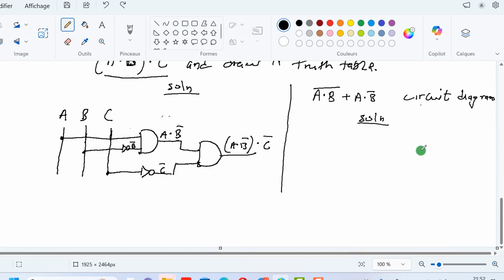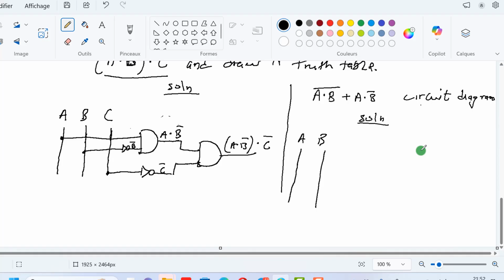Under this Boolean expression, what is the total number of inputs found here? I'm just seeing two letters, A and B. It means that here I'm going to have input A, input B. You draw your lines. Now you start. The first expression here is A dot B all that bar.